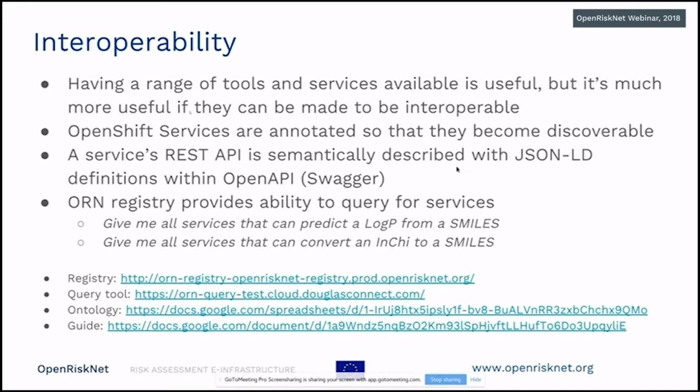And we put into that OpenAPI definition not just the plain OpenAPI aspects, which really defines a fairly low-level description of a REST API, but we semantically annotate it with JSON-LD information that is basically an ontologically driven definition of what that service does.